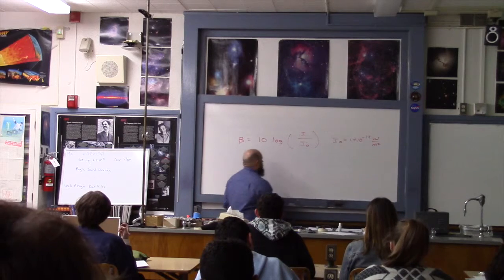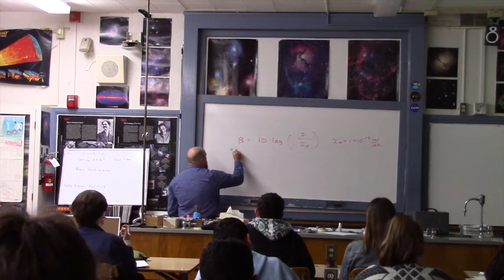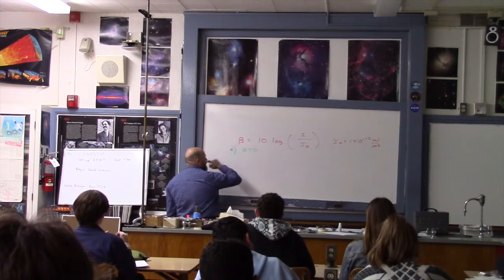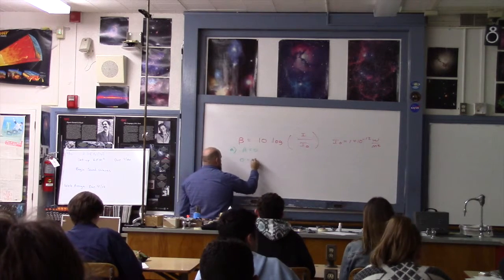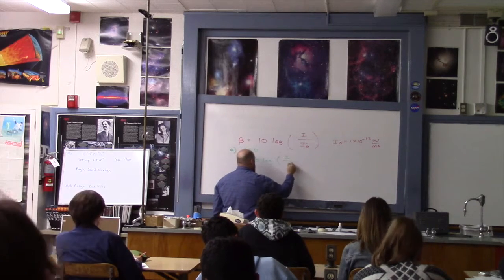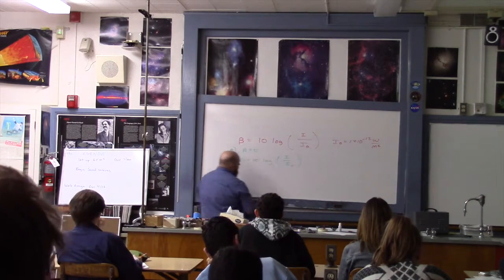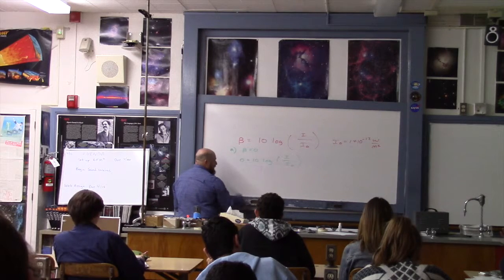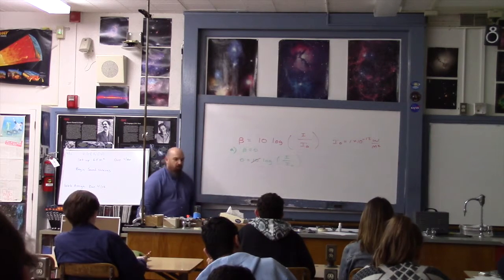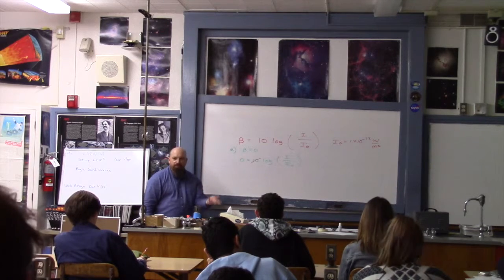So let's take a look at, first of all, part A. We're given that the amount of decibels here is equal to 0. Just plug that in here on the left. And then what I have to solve for, once again, is I. To solve for I, first of all, just cancel out the 10. Just divide it out, like so. And then what's my next step here? How do you get rid of a base 10 logarithm?